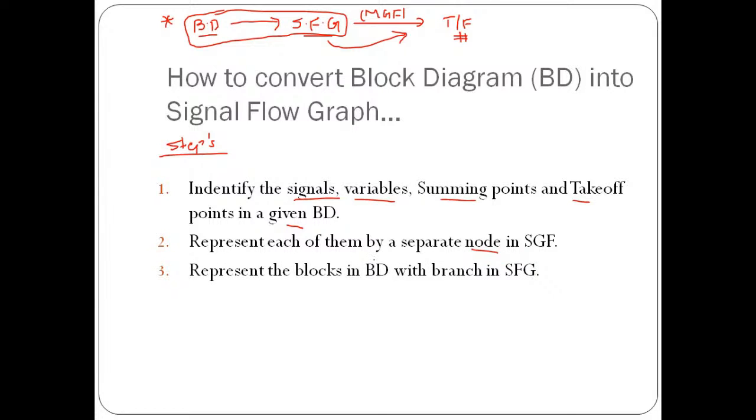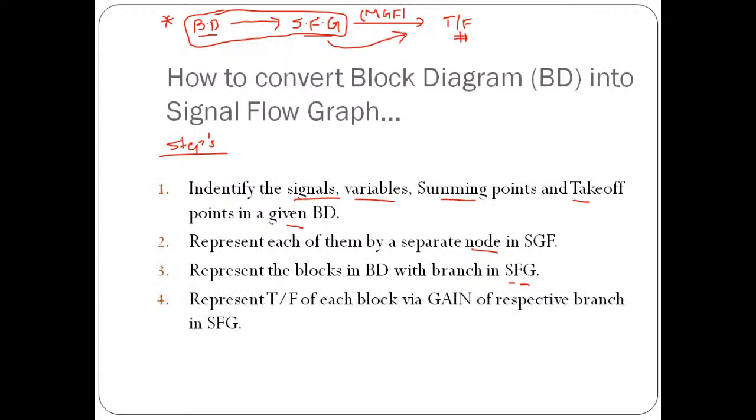Then third is represent the blocks in the block diagram with a branch in the signal flow graph. Whenever we are having blocks in a block diagram, those blocks we need to replace by a branch in the signal flow graph, because we know that in a signal flow graph, in between the nodes we are having a branch which connects those two nodes.